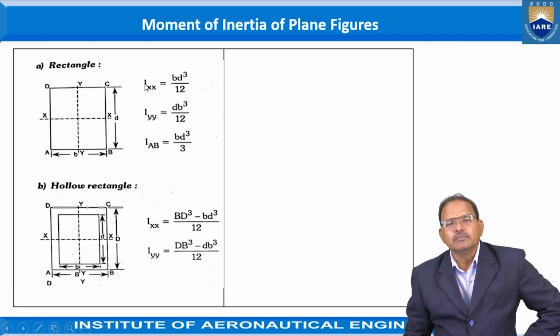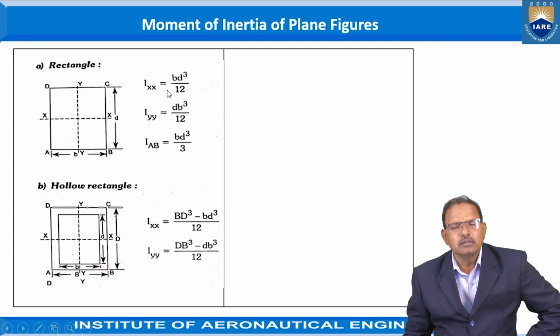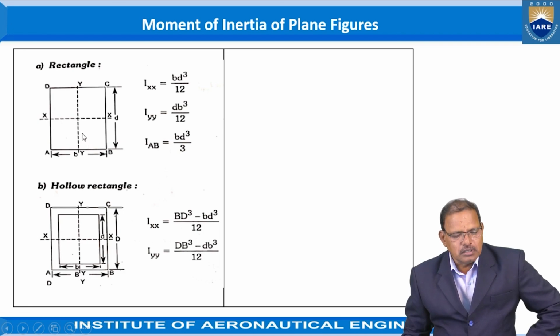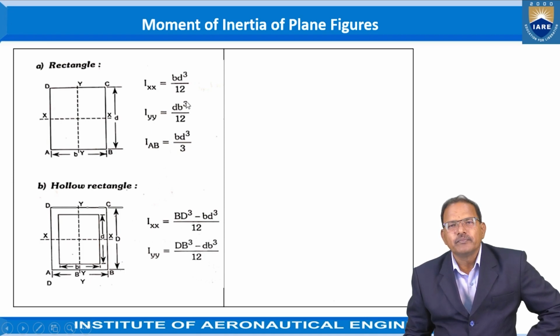Like the area moment of inertia of a rectangle about the central axes, I-x and I-y: I-x is equal to BD cube by 12, I-y is equal to DB cube by 12, and the area moment of inertia about its base is represented as I-AB, which is equal to BD cube by 3.